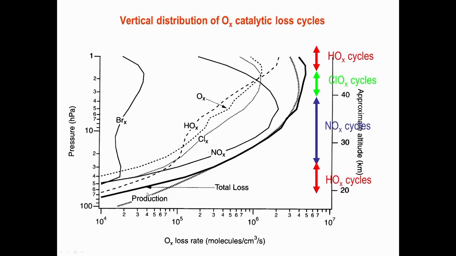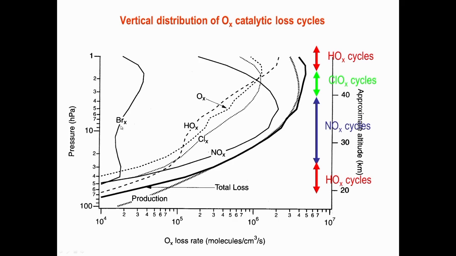You can see total loss through here. The production rate. So you've got the production and the loss, the different amount through the NOx cycle.